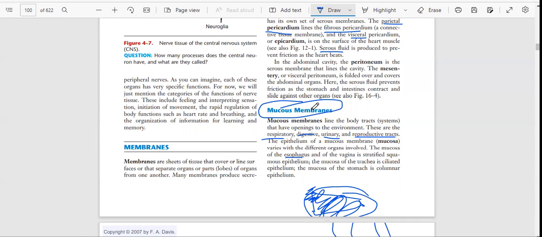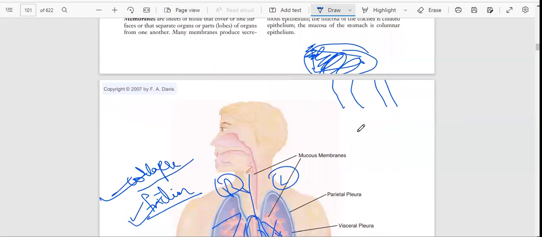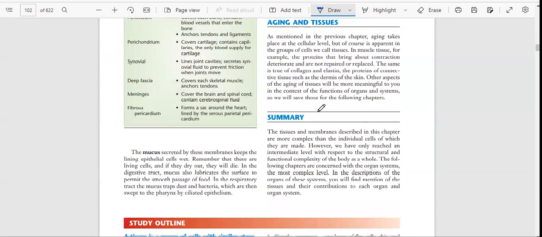In the nose, we have air entry. In the food pipe, the esophagus, we have food entry. In the urinary tract, the urine is released from the body. That's the reason the mucous membrane is given, which releases mucus.